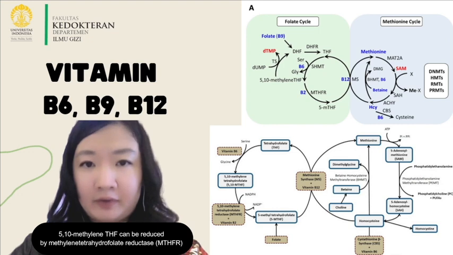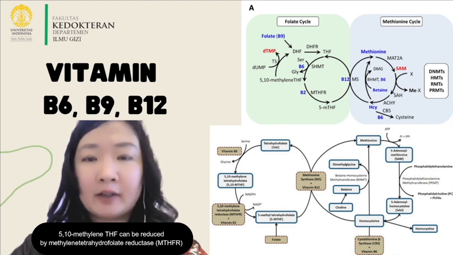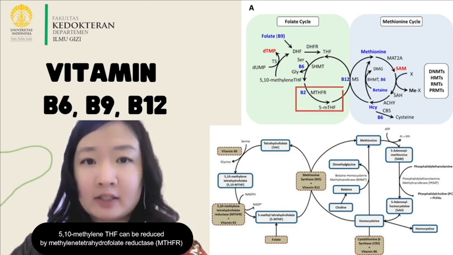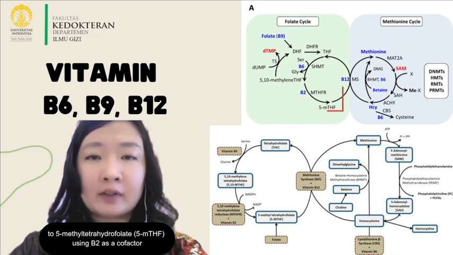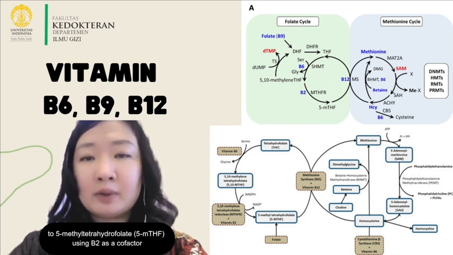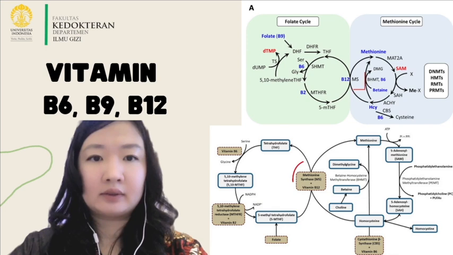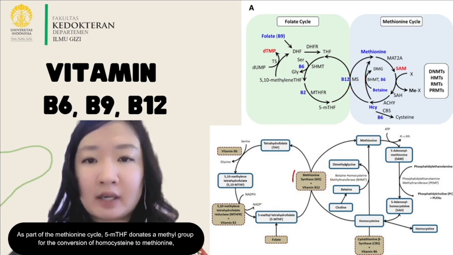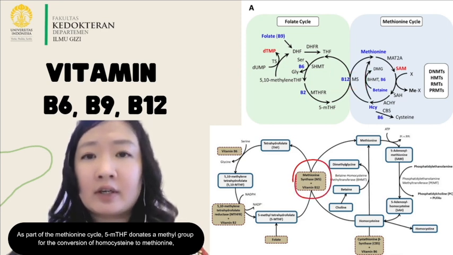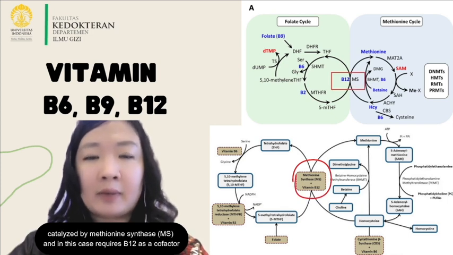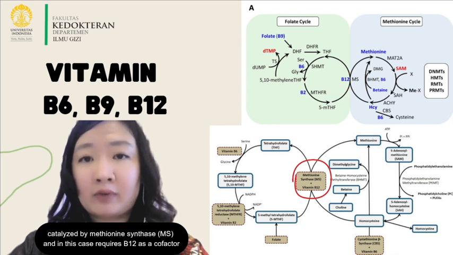5,10-methylene THF can be reduced by methylenetetrahydrofolate reductase to 5-methyl tetrahydrofolate using B2 as a cofactor. As a part of methionine cycle, 5-MTHF donates a methyl group for the conversion of homocysteine to methionine catalyzed by methionine synthase, and in this case require B12 as a cofactor.